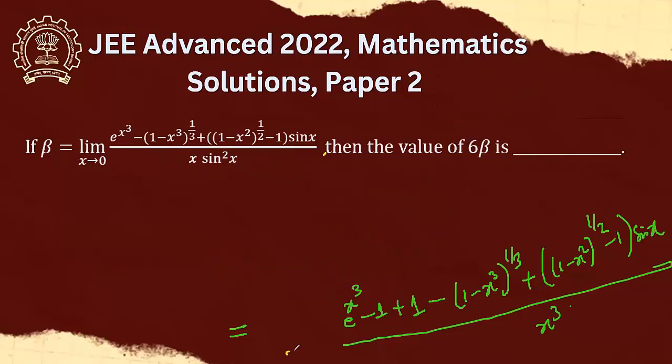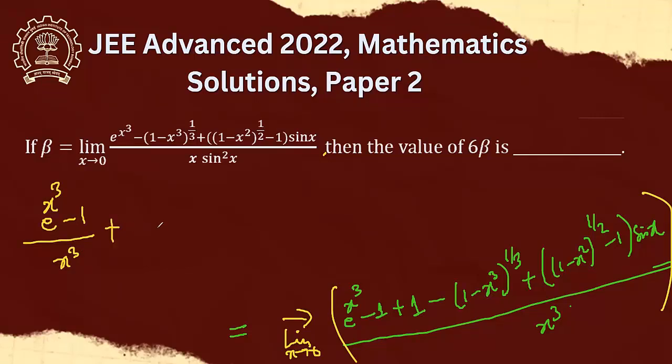Now this is limit x goes to 0. I'll split this whole thing into 3 terms, and if all the 3 terms have finite limits of their own, then that is allowed. So I will split this into 3 terms and check if they have their own finite limits.